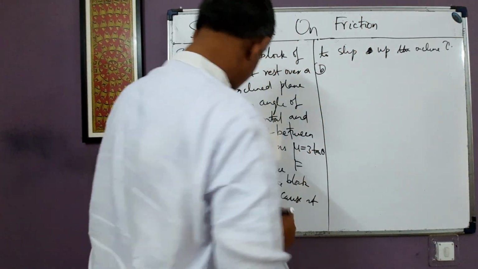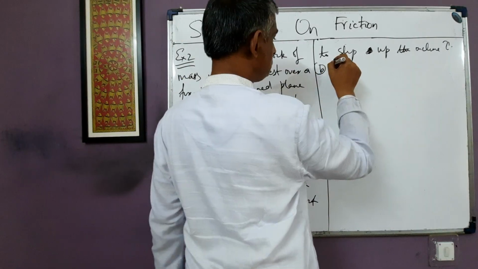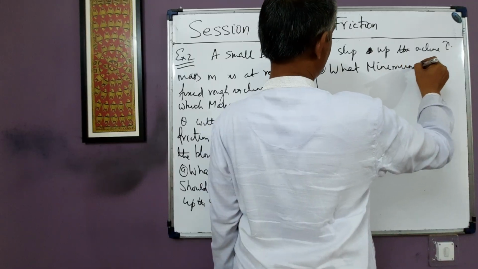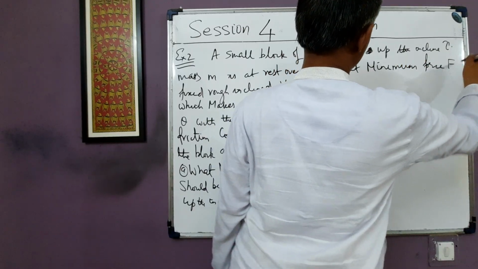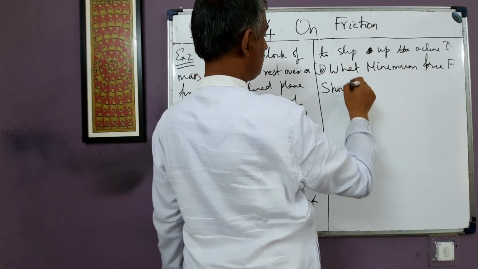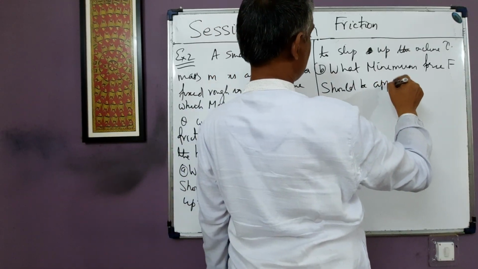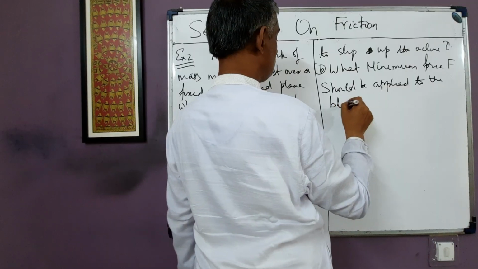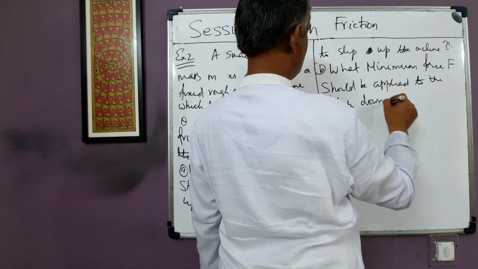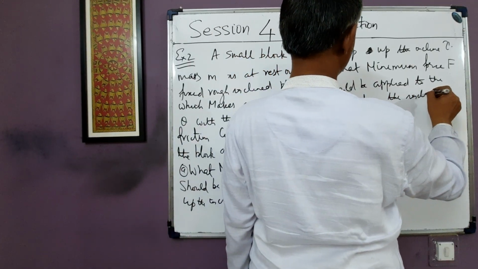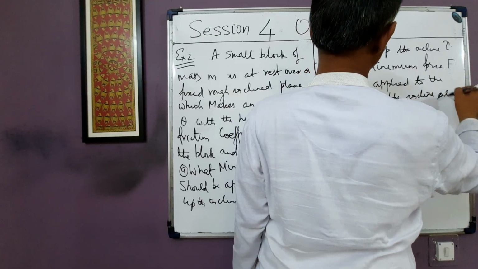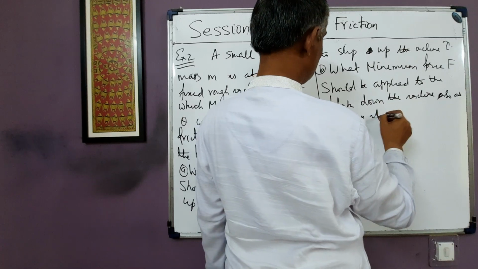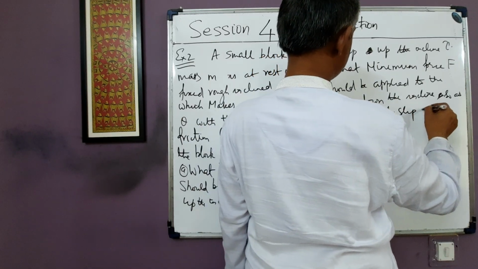And B, what minimum force F should be applied to the block down the incline so as to cause it to slip down the incline?